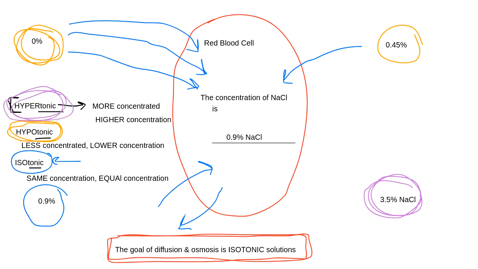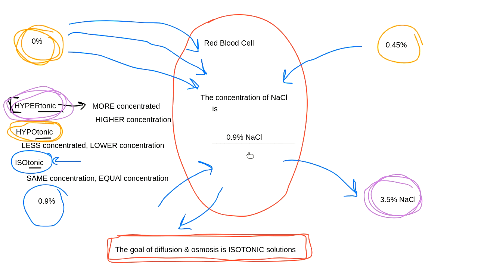If I have more salt on the outside of my cell, which way is water going to move if I put that cell in a 3.5% solution? Now that water is going to go the opposite direction. Now that water is going to leave the cell.